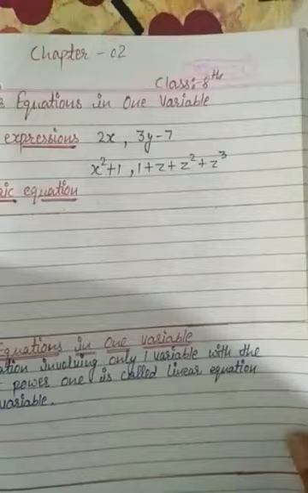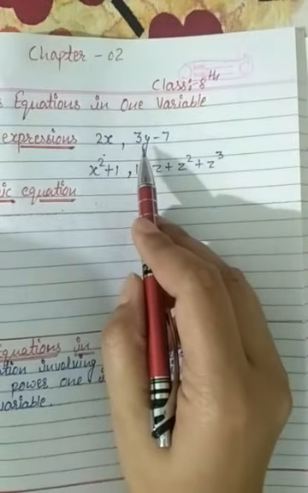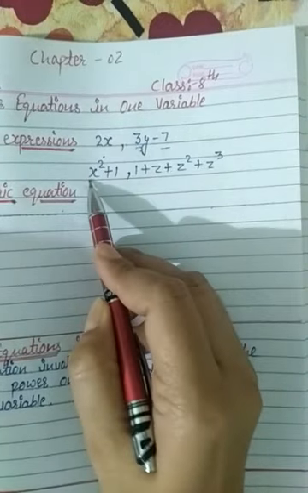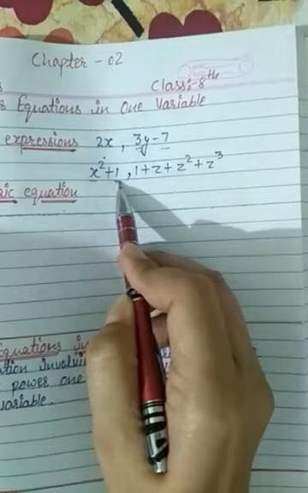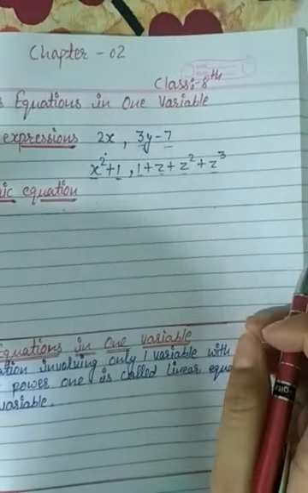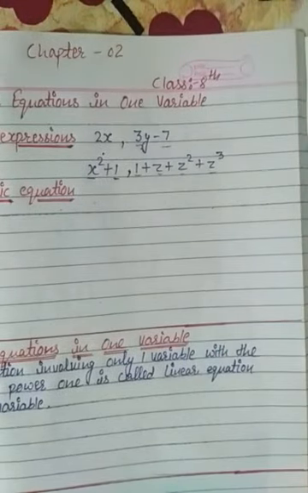The first expression contains one term, the second expression contains two terms, the third expression contains two terms, the fourth expression contains four terms. Now, what do you mean by linear expressions?